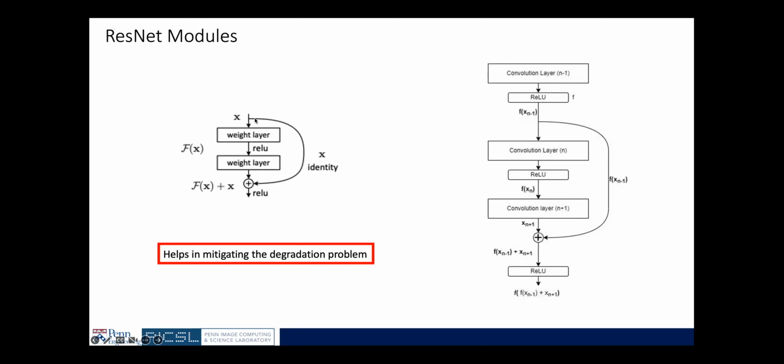So it becomes f of x plus x. What it does is not only process the input a few times using a convolution block, but it also adds information from the previous layers to give more context to what is happening at that particular layer. This is expanded again on the right. Just to reiterate, you take an input, pass it through convolution blocks, and you take the same input and add it to the one that you get at the end.